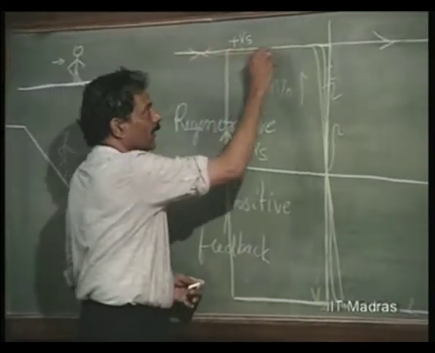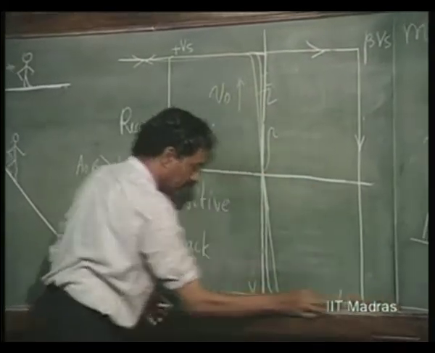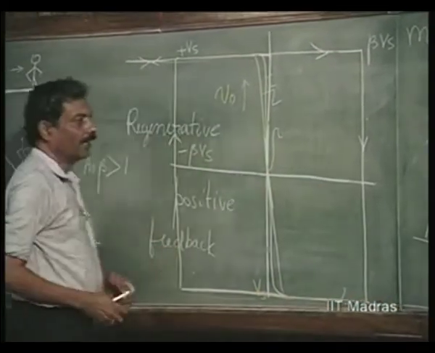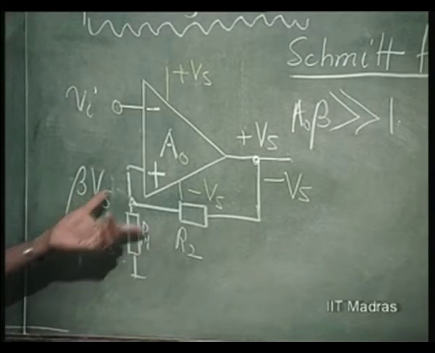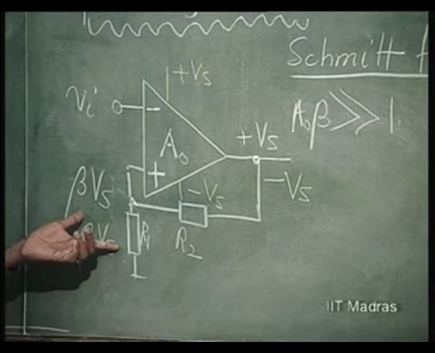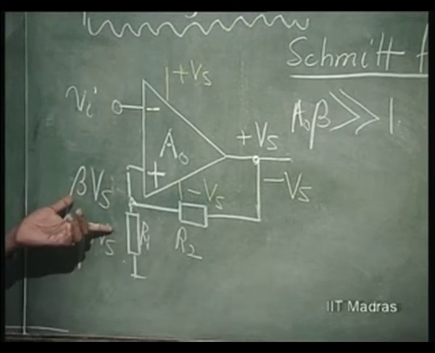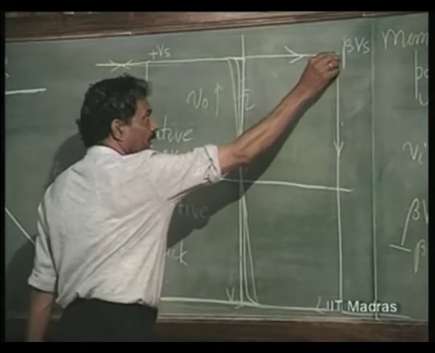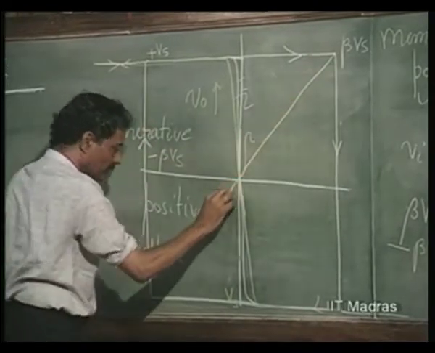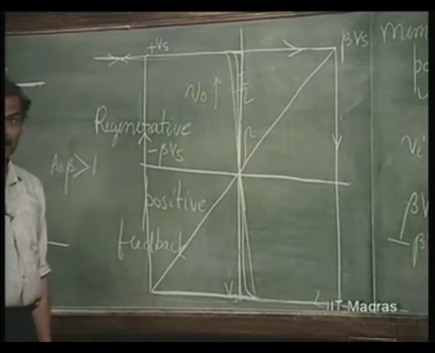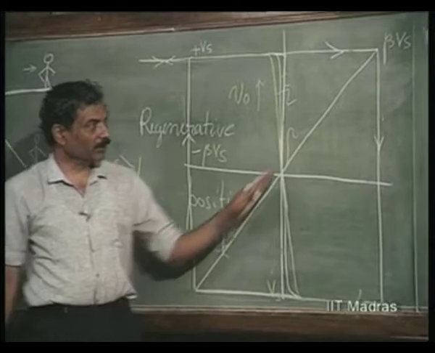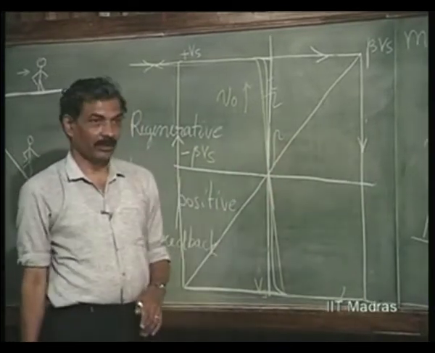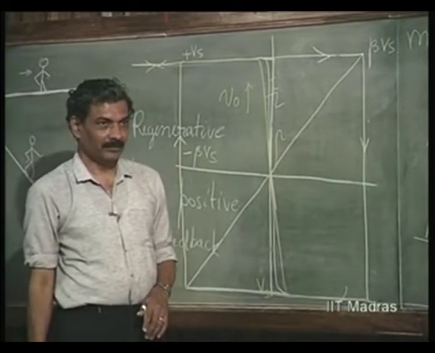This characteristic is called hysteresis, and the extent of hysteresis depends upon A beta, right. So, if A beta is made much greater than 1, then if you join this slope, which has no physical meaning, this slope is going to be 1 over beta, obviously.